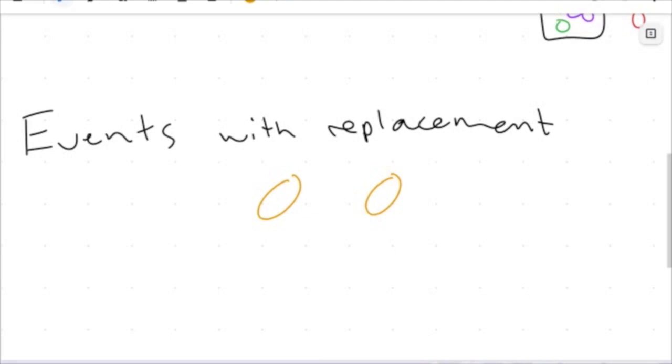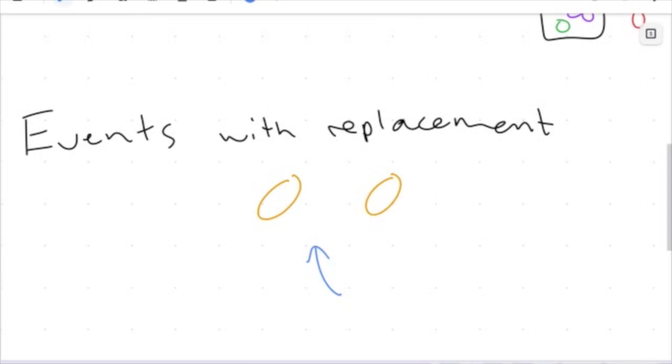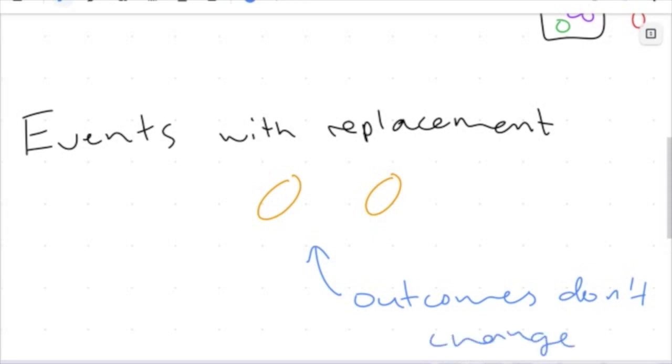The outcomes don't change. So with replacement, our outcomes don't change. So we flip one coin, we get a head or tail. It's not like when we flip it again, our only possibility is going to be a tail. Our outcomes are not going to change. So we're always going to get a head or a tail.